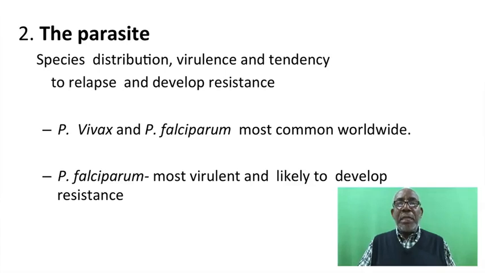But of course we have other species like malariae and ovale, which have localized distribution. The virulence and the tendency to relapse, like we have in vivax, or the tendency to develop resistance, as is now becoming apparent in Plasmodium falciparum, all these contribute to maintain transmission.